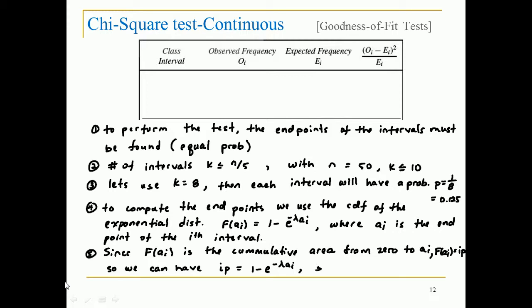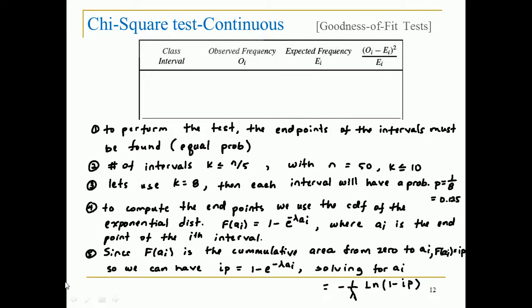And you can solve for a_i. You can obtain the following expression: a_i equals the negative of 1 over lambda times the logarithm of 1 minus i times p. Okay?